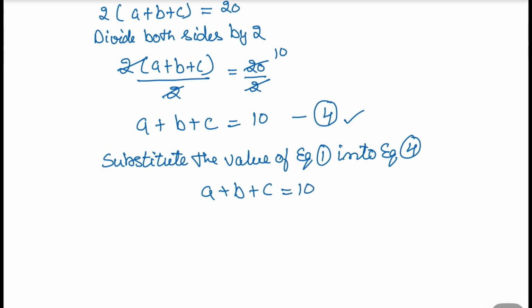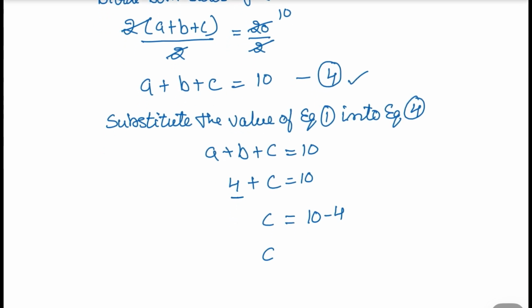So we will substitute here the value a plus b is equal to 4. 4 plus c is equal to 10. Now from here we will find the value of the variable c. So when we shift this positive 4 to the other side, its sign changes to a negative, and it will become c is equal to 10 minus 4. So we will get the value of c. When we subtract 4 from 10, the answer will be 6. So we get the value of c is equal to 6.